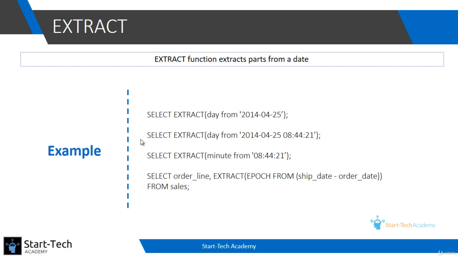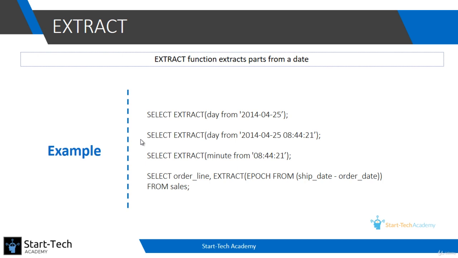Now if you remember, in our sales table we had ship date and order date. When we did age, we received a string which said so many days were taken. You cannot do mathematical operations on that string since it is a string. If you want a difference between the two dates as number of seconds, number of hours, or number of days, so that you can further work on that number, this extract function will help you get that.